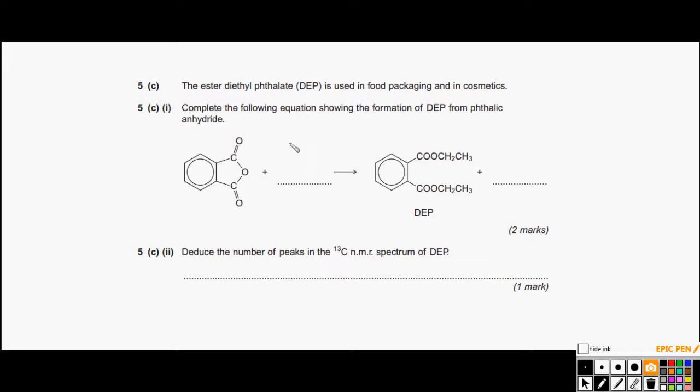So we're going to write ethanol. So I'm going to write it like this: CH3CH2OH. And we need 2 moles of it because we've got 2 lots of ester here. CH3CH2OH.